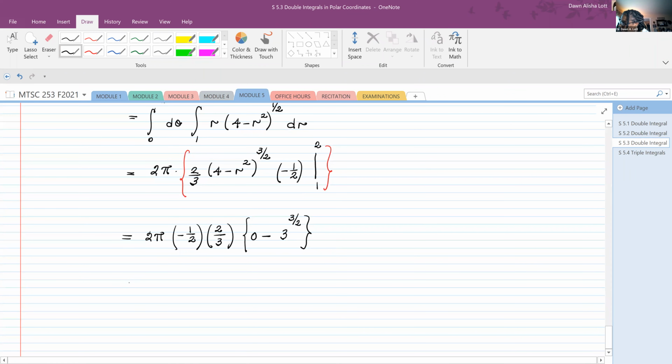So now this 2 and that 2 divide out, this negative and that negative divide out. This 3 and one of these 3's divide out. So that just gives me 2 pi, and there should be a square root of 3 left. And that's it.